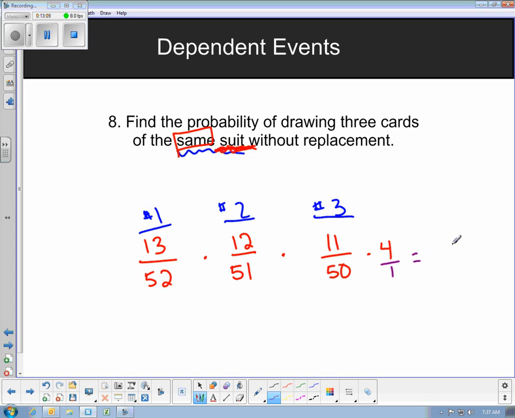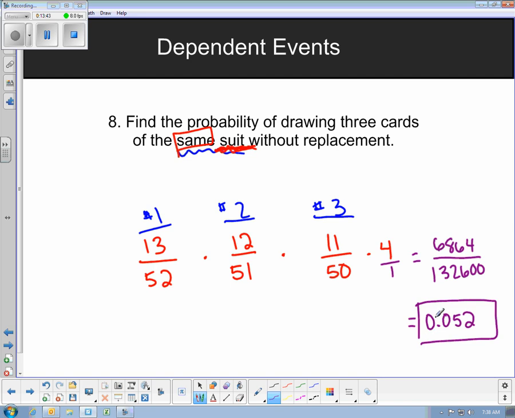So what that gives me is 6,864 divided by 52 times 51 times 50. Multiplying by 1 doesn't change anything, so I don't need to worry about that. 132,600. So I have 6,864 divided by 132,600. As a decimal, this is 0.052. So that is my probability.